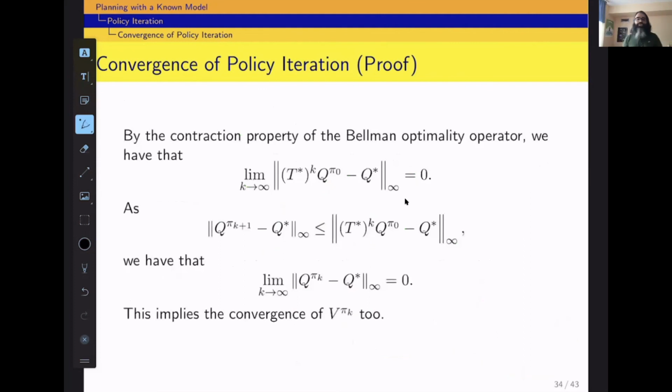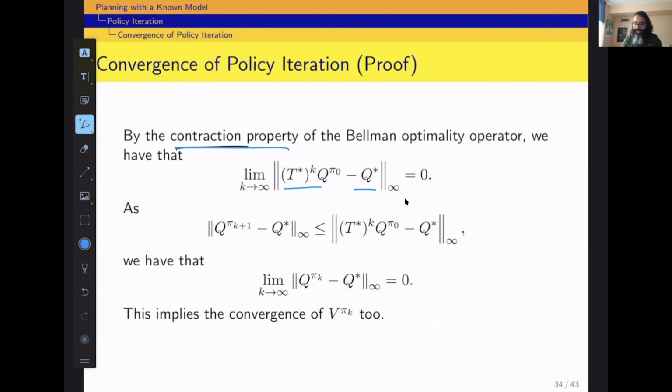So now we argue that when k goes to infinity, the distance between both sides of that sandwiching thing goes to 0. By the contraction property of the Bellman operator, the distance between T star k Q pi 0 and Q star goes to 0.